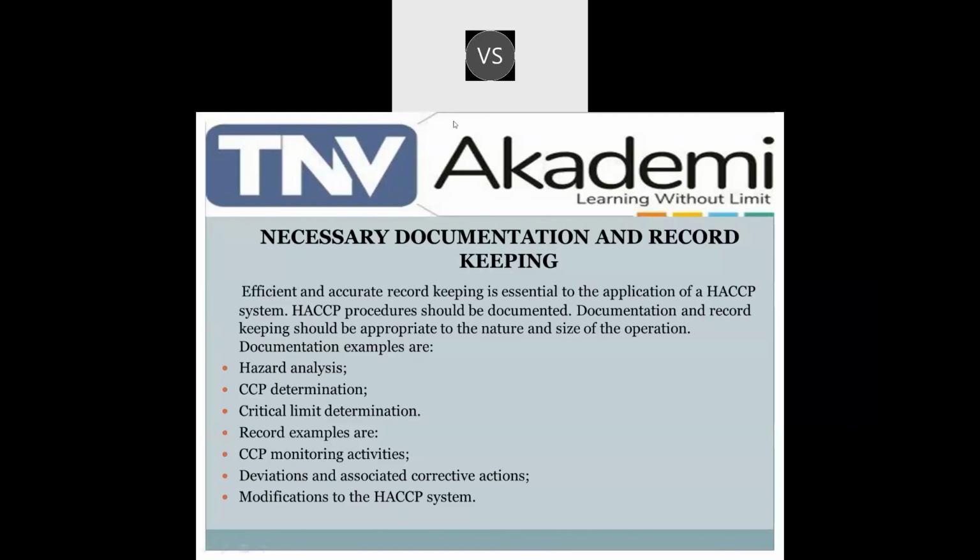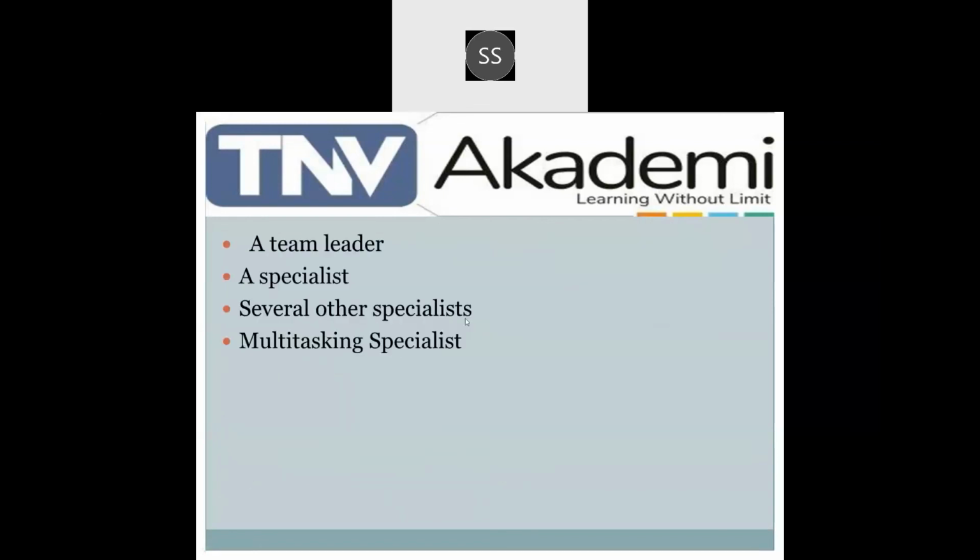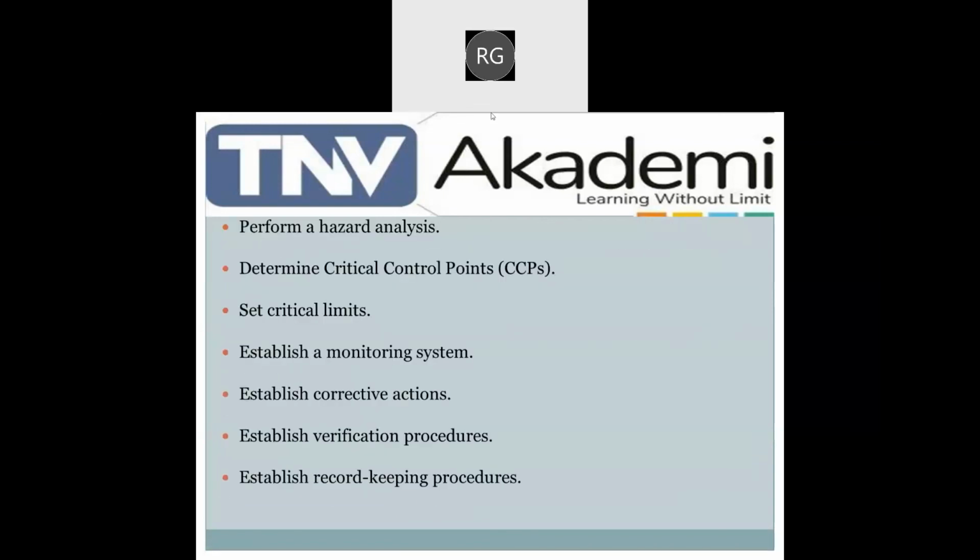Hello, Rishabh ji. You mentioned necessary documentation and record keeping, and documentation examples. My question is how you do the hazard analysis under this HACCP plan. What is the procedure for this hazard analysis?